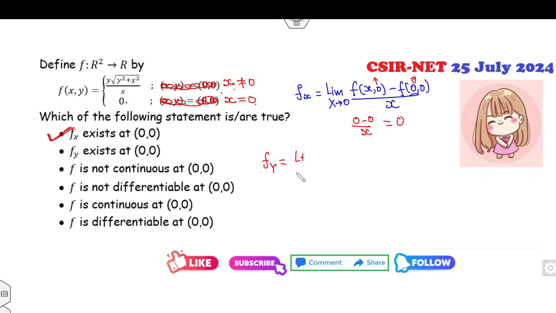Fy: limit y approaches 0, f(0,y) minus f(0,0) divided by y. Clearly, in this case x is 0, so this category is satisfied, so the function will be 0. Again x is 0, so 0 minus 0 is 0, that again exists. So this option is also a correct option.